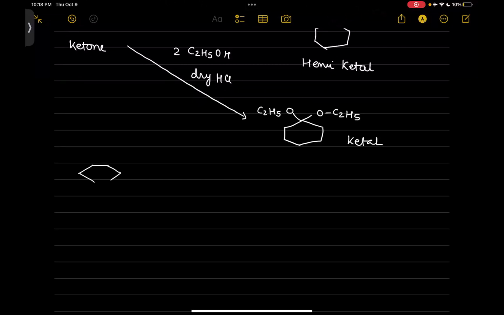Actually, for ketones, the reaction is a bit difficult. So instead of taking 2 moles of alcohol, what we try to do is take a diol. What is the name of this diol?